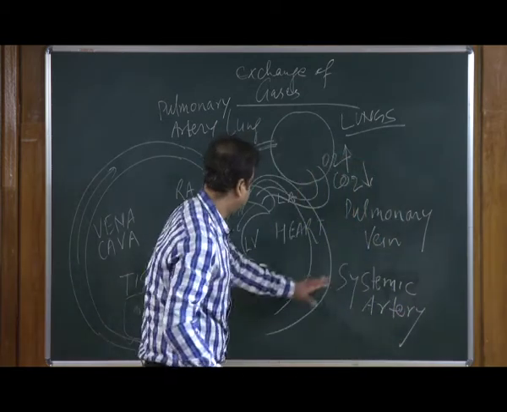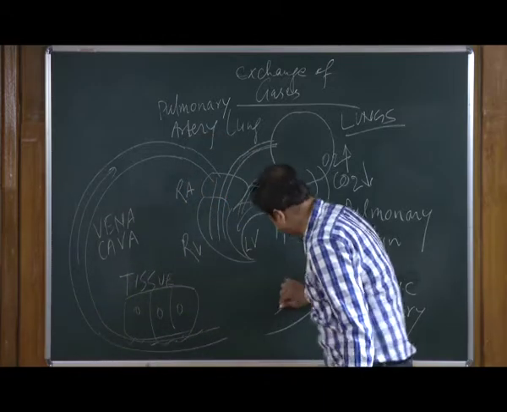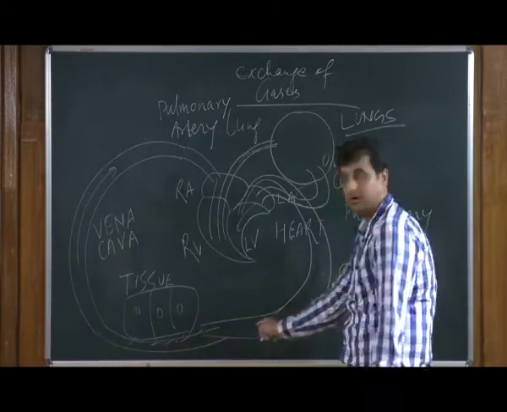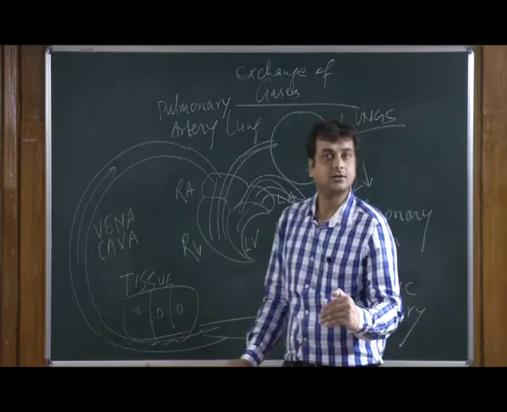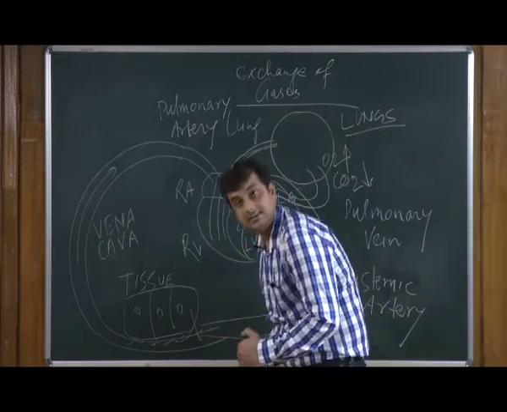Systemic artery is basically supplying this oxygenated form of our blood to tissue level. So these are rich in oxygen and less rich in carbon dioxide, and then there will be an exchange of gases at this level.